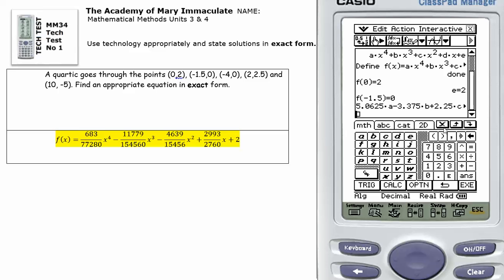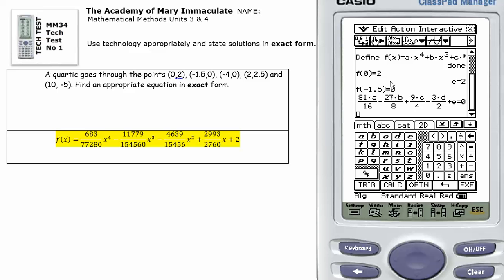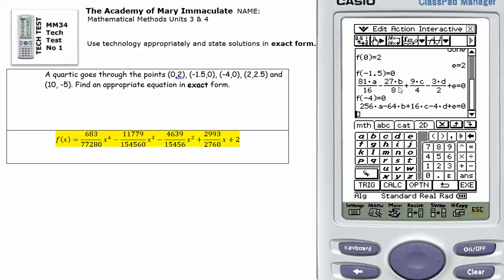That gives me equation number 2. I might do these again in standard. Equation number 3 will be, what have we got? f of negative 4 also equals 0. That gives me equation number 3.